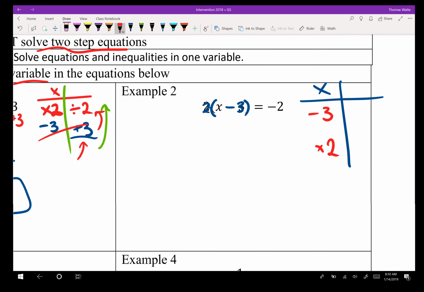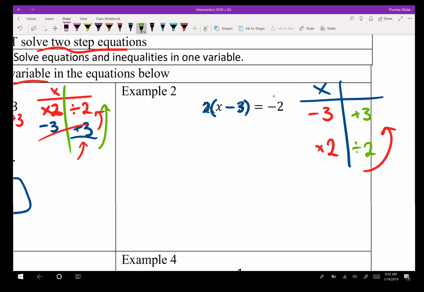If I'm going to undo these operations like we did before, it looks to me, if I work from the bottom up, I want to divide out 2 first, then I want to add on 3. Once I figured out what's happening to x, going down this way, first it's being subtracted, then multiplied.